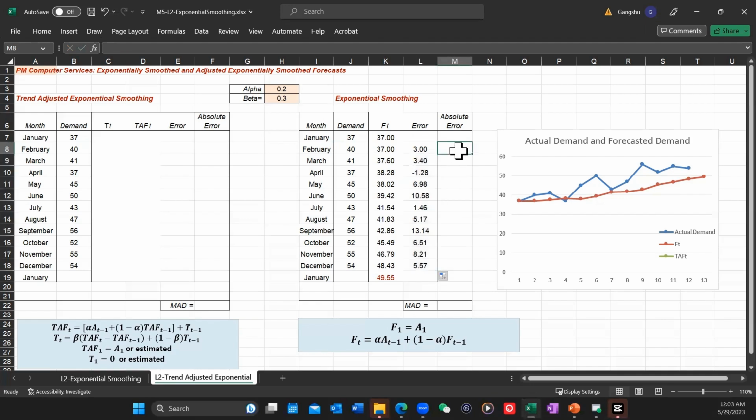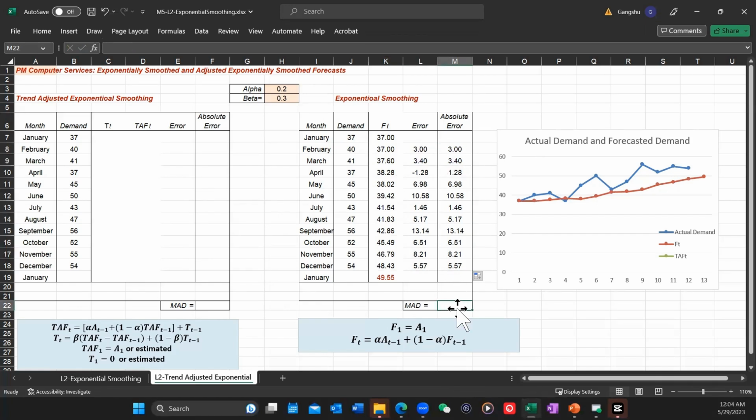And then we can get the absolute value of this error, and we fill the rest of the data points. So that is our absolute error or absolute deviation for the 11 data points.